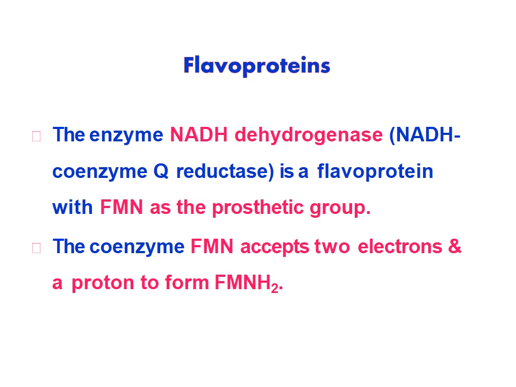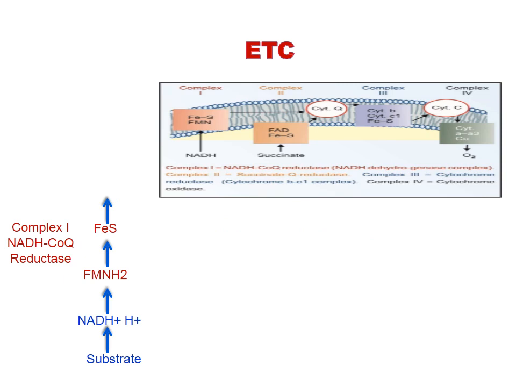The enzyme consists of a protein part and a non-protein part. The protein part is the enzyme, and the non-protein part is called the prosthetic group. This FMN prosthetic group will accept the 2 electrons from NADH and H plus, and it becomes FMNH2. You see here, the substrate can be glycerol 3-phosphate, the 2 hydrogen atoms are removed and accepted by NAD, it becomes NADH and H plus, and this is accepted by the prosthetic group FMN.